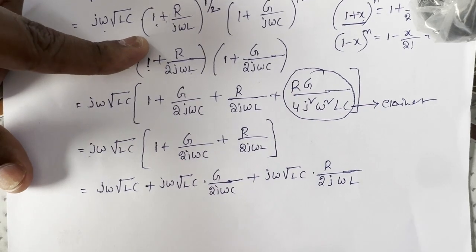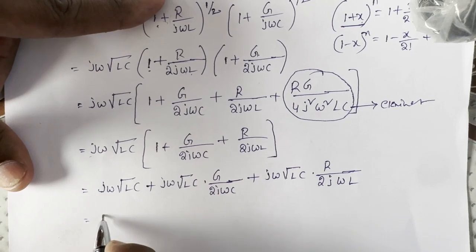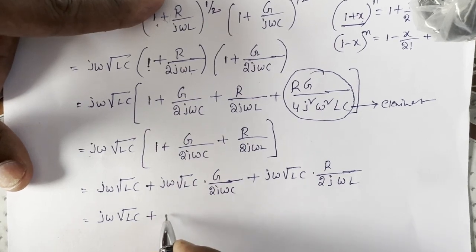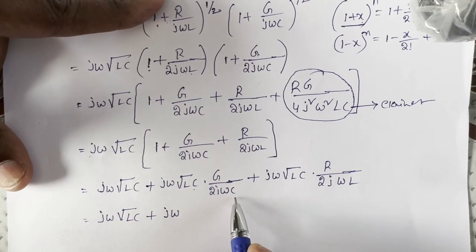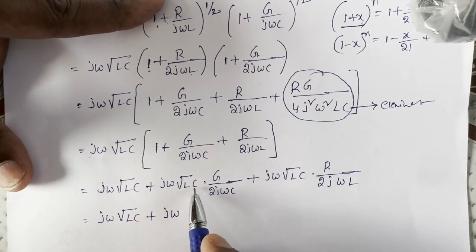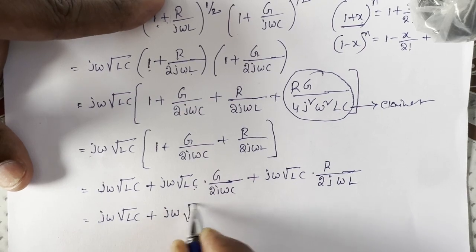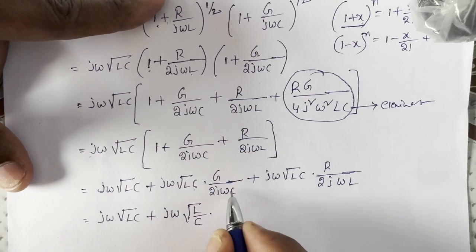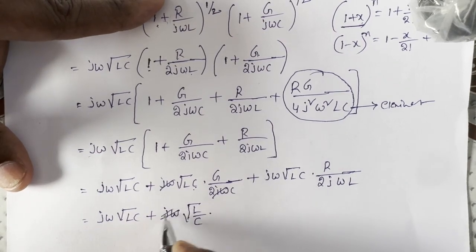That is, simply I can write j omega root LC plus, here j omega, here root C in the denominator C, then root C gets cancelled, and the rest here we are having root L by C, into simply this 2j omega cancels.